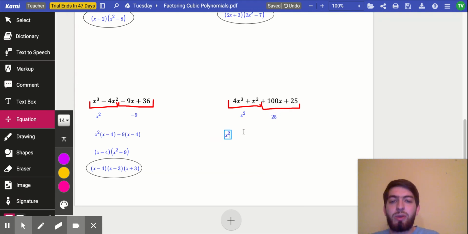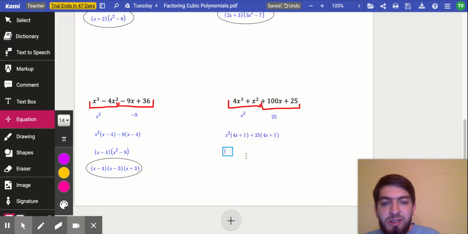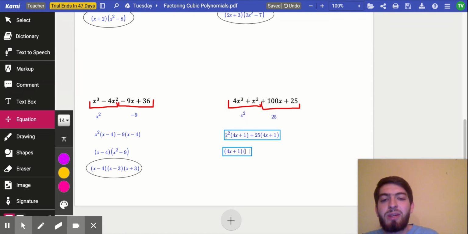So we get x squared dividing 4x to the third divided by x squared gives us 4x, and x squared divided by x squared is just 1. Then we're factoring out the 25. 100x divided by 25 gives us 4x. 25 divided by 25 gives us 1. Because these match exactly, 4x plus 1 and 4x plus 1, we can factor it out, and we're left with x squared plus 25.